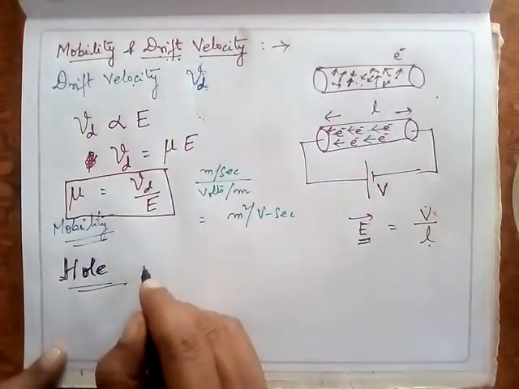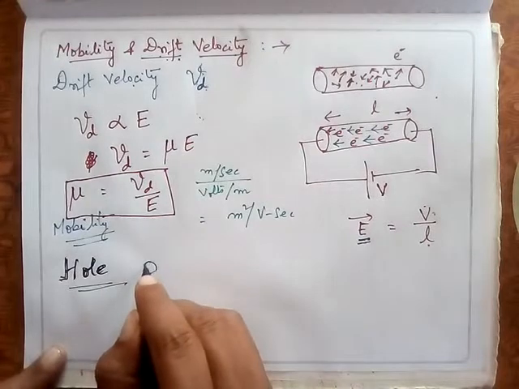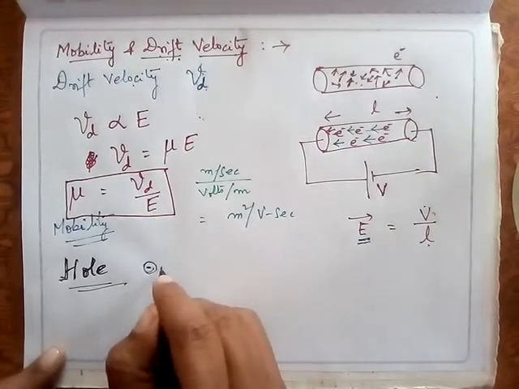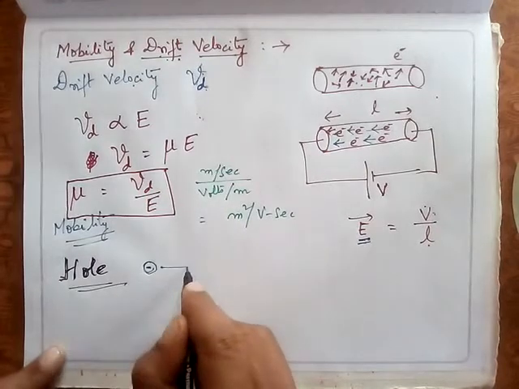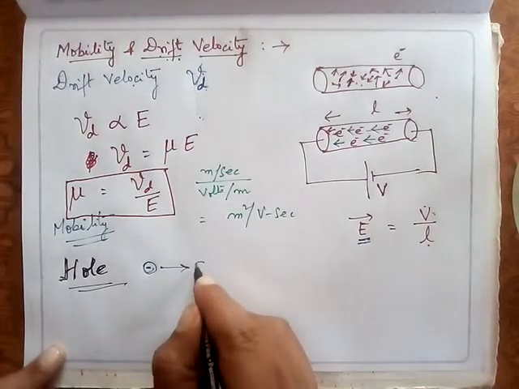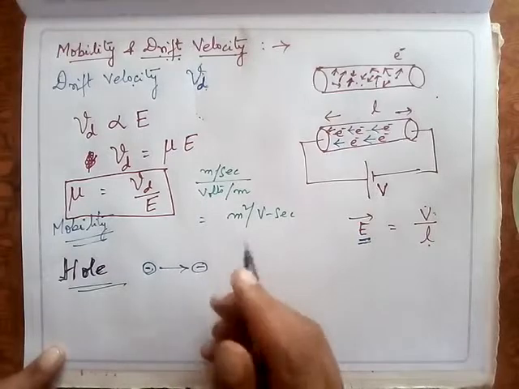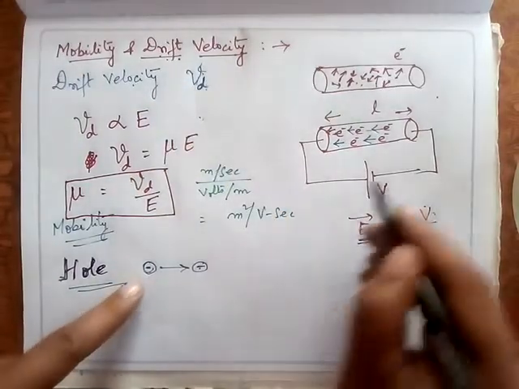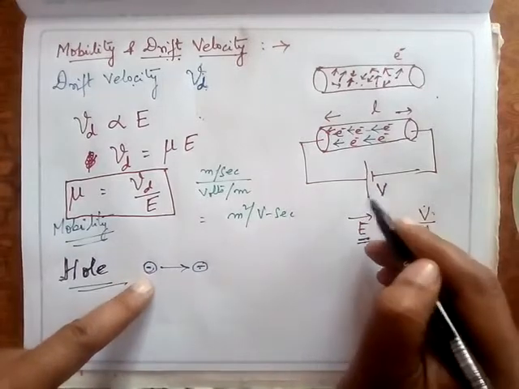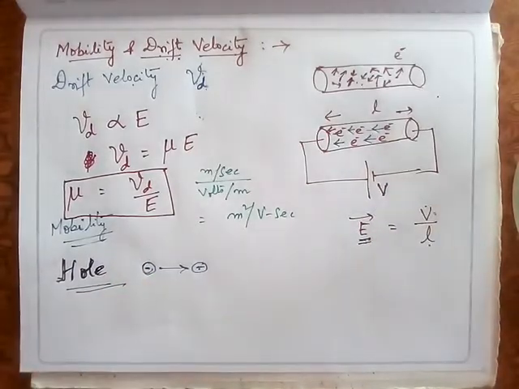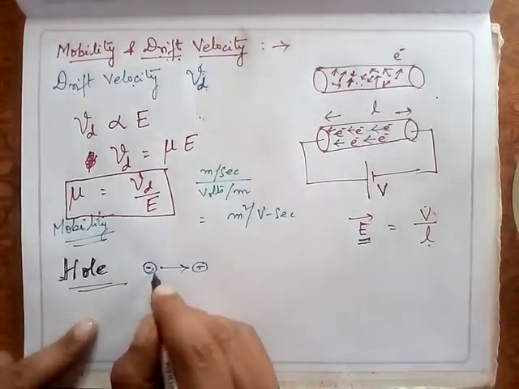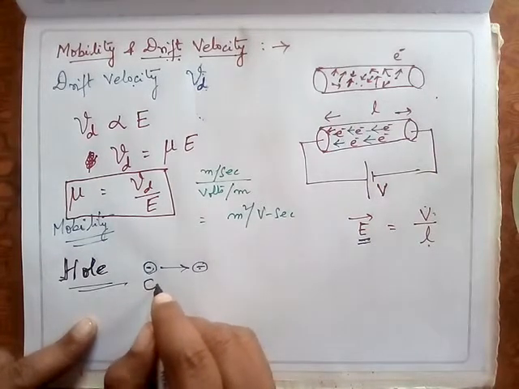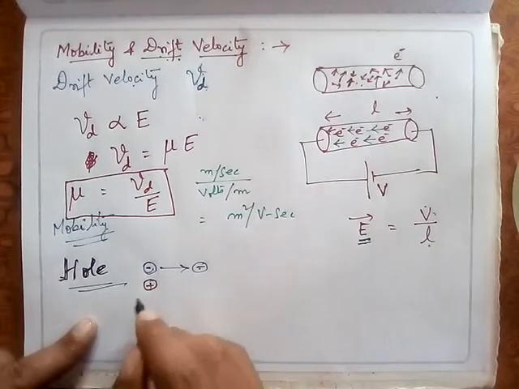Suppose this is an electron here, and it moves from this position to this position. Let's take it vertically only. For example, it is moving from here to here after the application of some electric field or some external energy. Because of the release of an electron, a positive charge is left behind, which is called a hole.